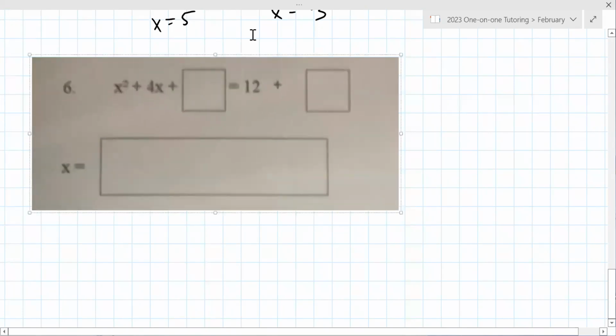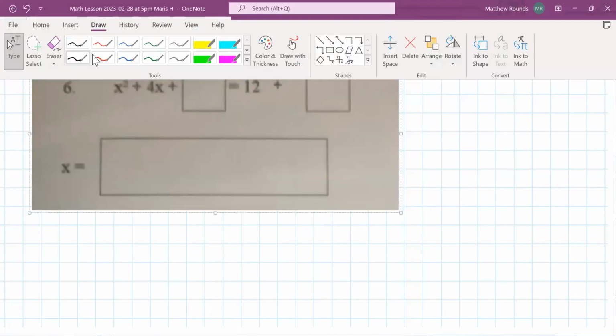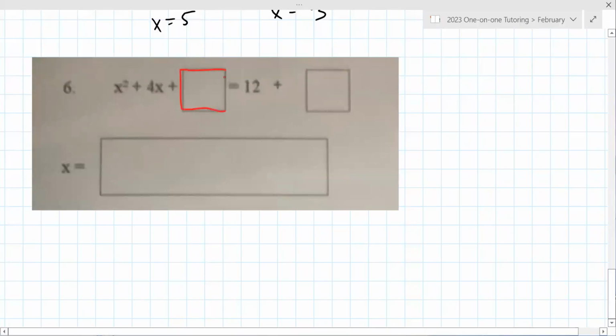Okay, let's look at another one here. I want you to find the number that goes in the box here for us, please.